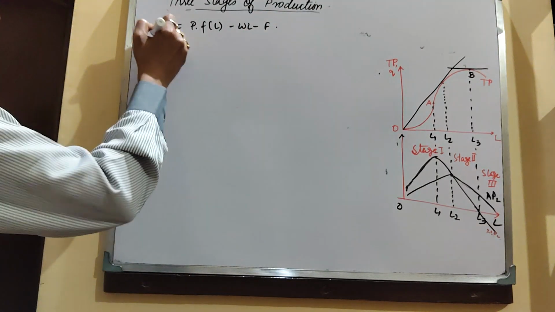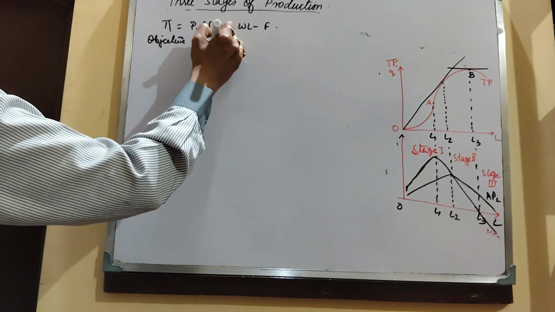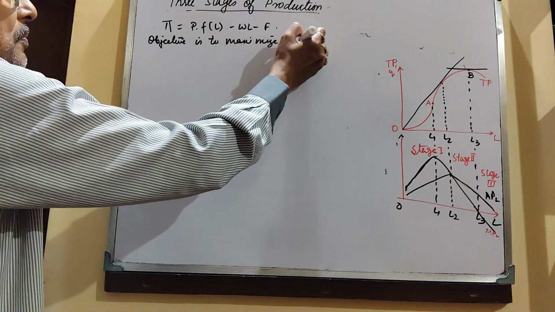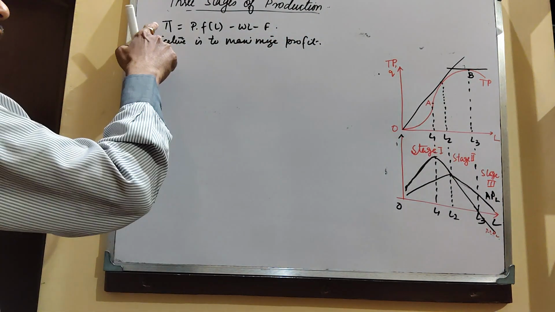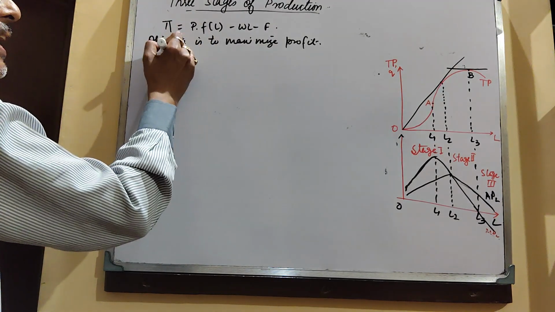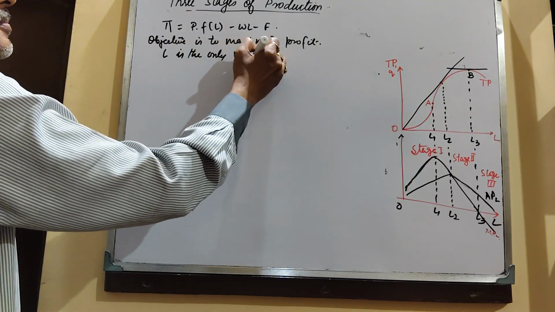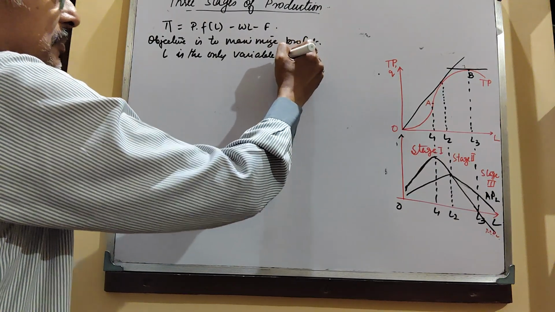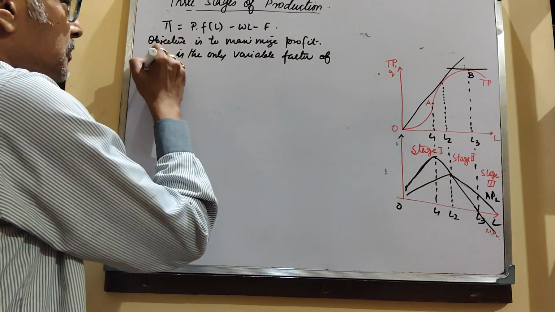The objective is to maximize profit. What does it mean to maximize profit? It means we have to maximize pi with respect to labor. L is the only variable factor of production.